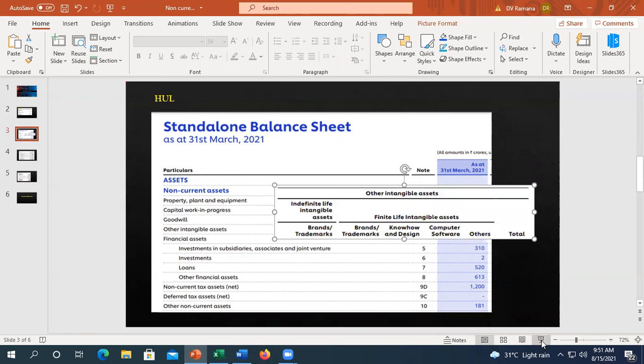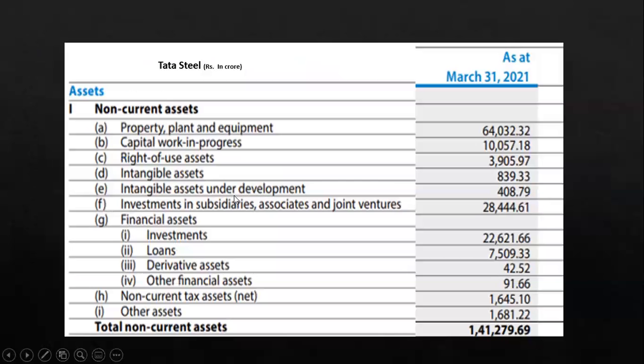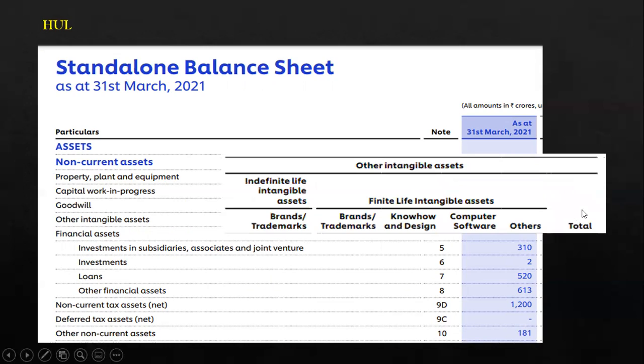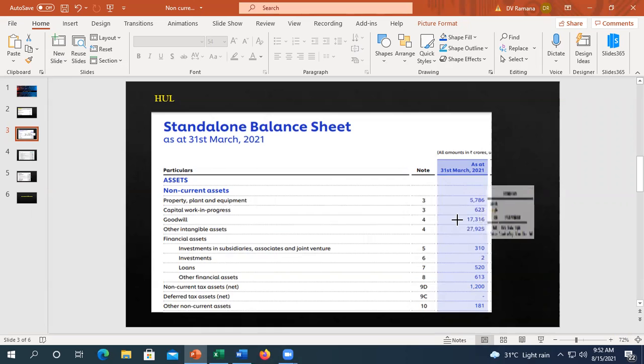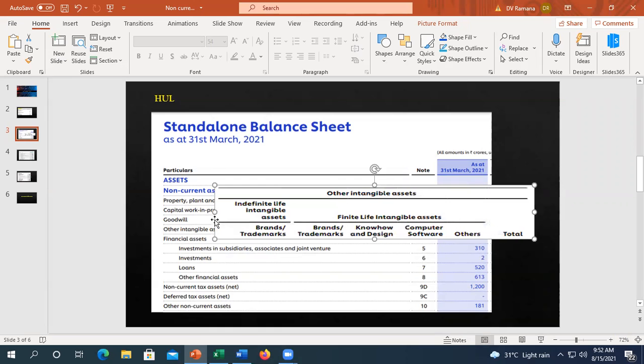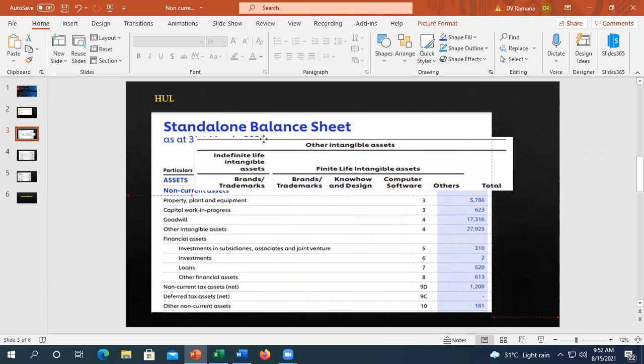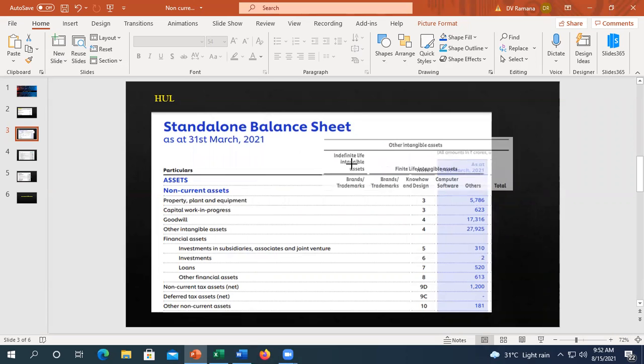Let me show you once again. The other intangible assets of HUL consist of brands and trademarks, know-how and designs, and some computer software. So for a company like HUL, obviously a significant part of the total assets will be in the form of intangible assets.